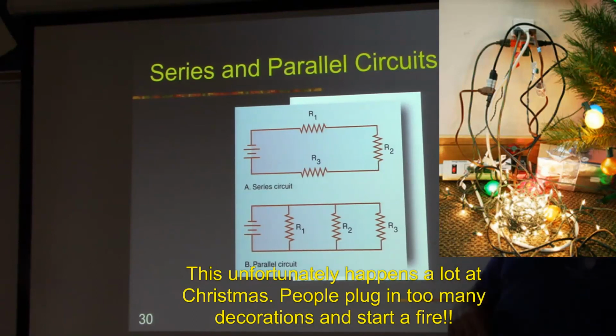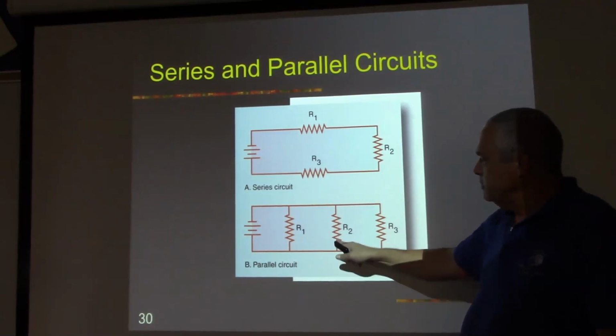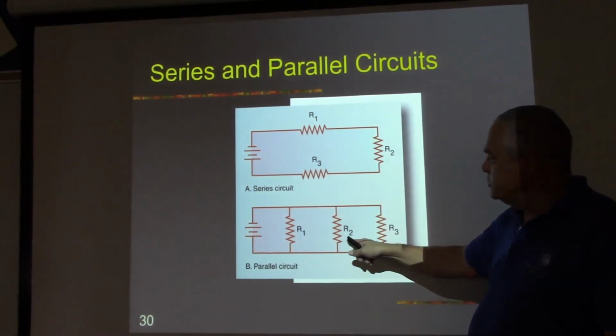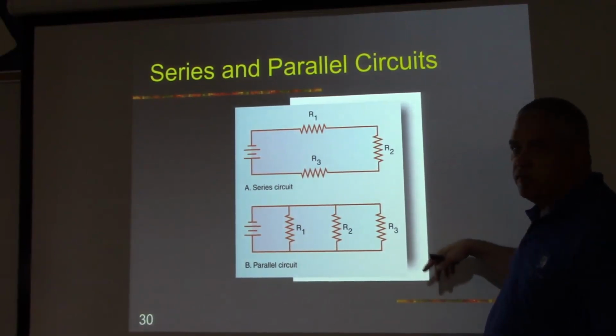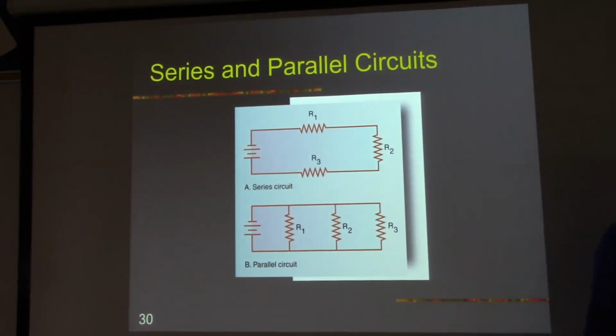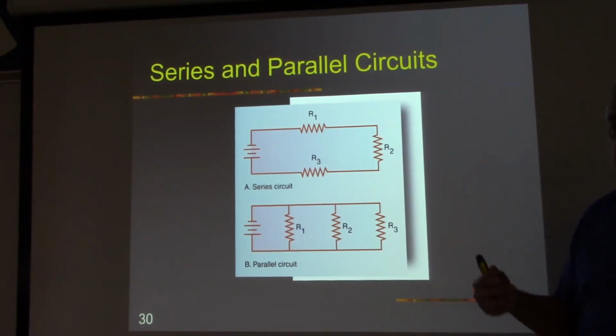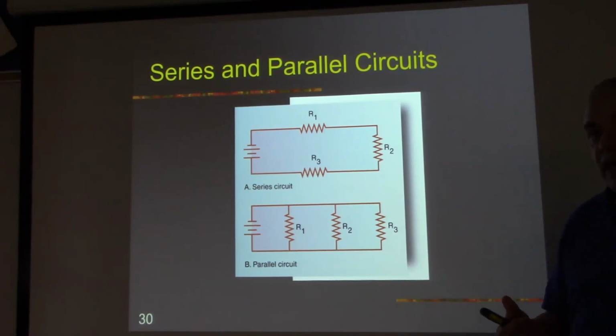So next thing you know, I'm going to have a whole lot of current running through the system. Imagine you're at your house and you put a microwave and a couple of lamps and a toaster oven and one of those air fryers on the same circuit and you turn them on simultaneously. What happens? You're probably going to pop a circuit breaker, because your circuit breaker in your kitchen is supposed to be set for about 15 to 20 amps.